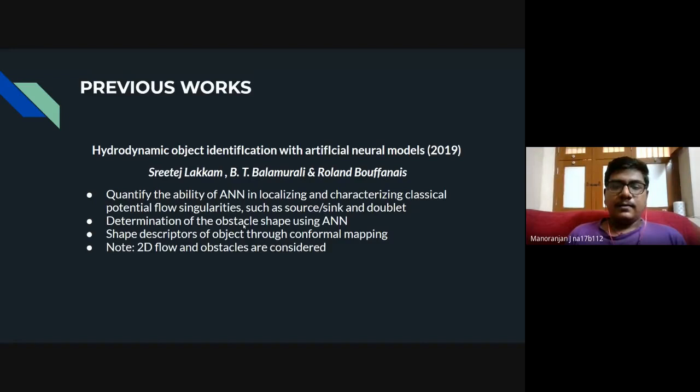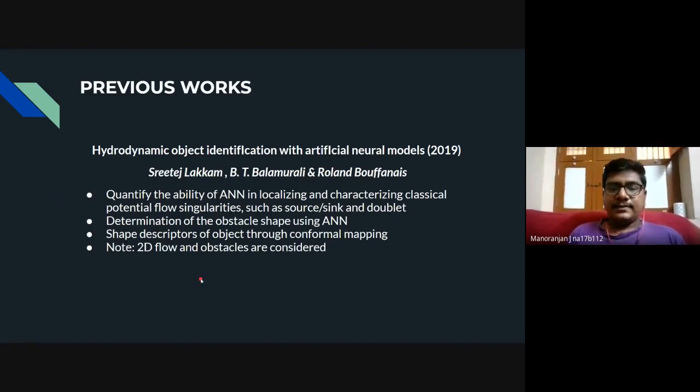So what we will be doing here is something similar, but here we'll be trying to represent a shape with a feature vector. Those shape descriptors of that particular object are obtained through conformal mapping, and we'll be discussing these methods and more on the three-dimensional aspect as we go further into the presentation.